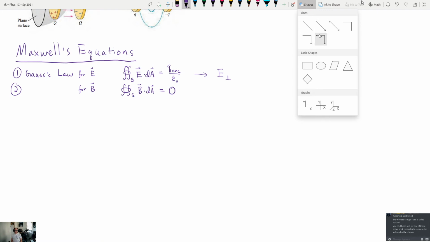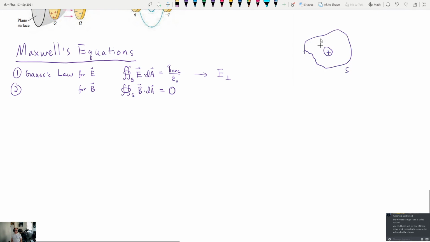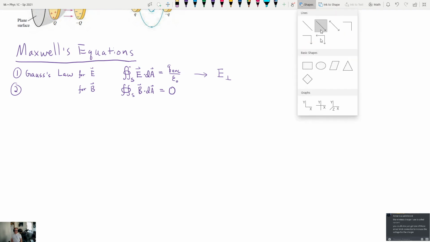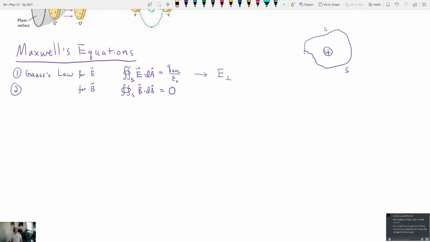If I draw an electric field line from here out this way, that's radial, right? It's automatically radial as long as I draw it from here, right? Then there's an angle right here, between the surface and the electric field vector.